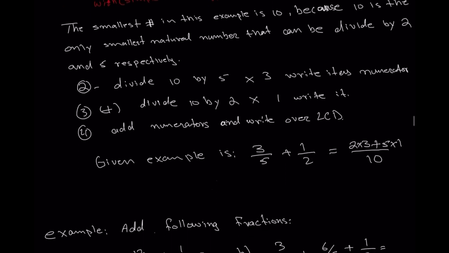Simplify that. So that gives us 6 plus 5 over 10, which will be 11 over 10. Improper fraction.